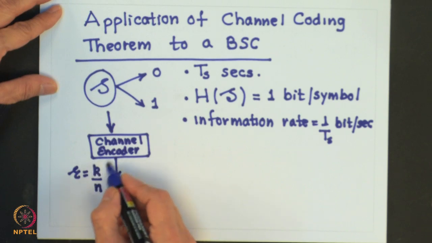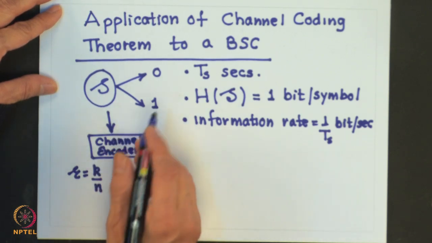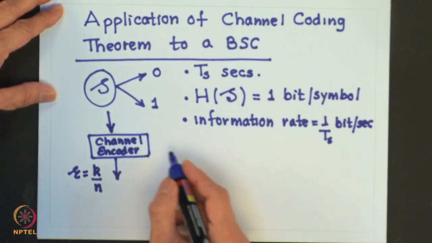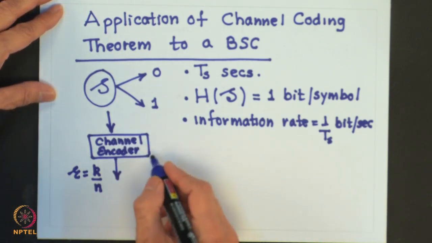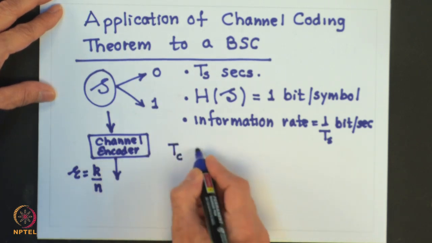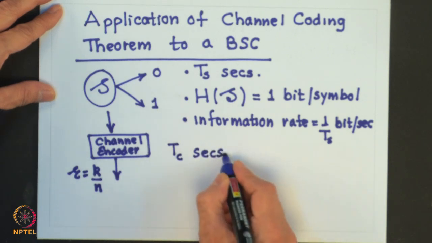So, we are going to take the input to this channel encoder in terms of blocks of k bits, and the output of that would be n bits, where n is larger than k. And let us assume that each symbol is transmitted every Tc seconds, correct.